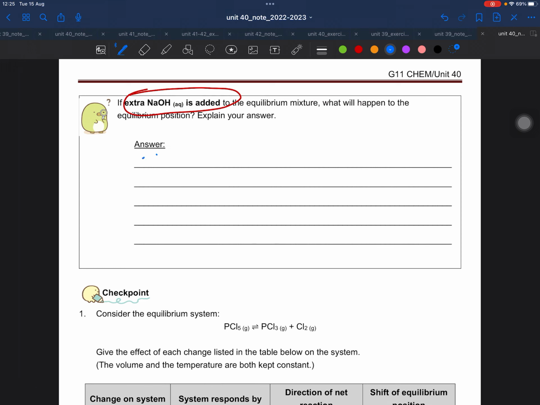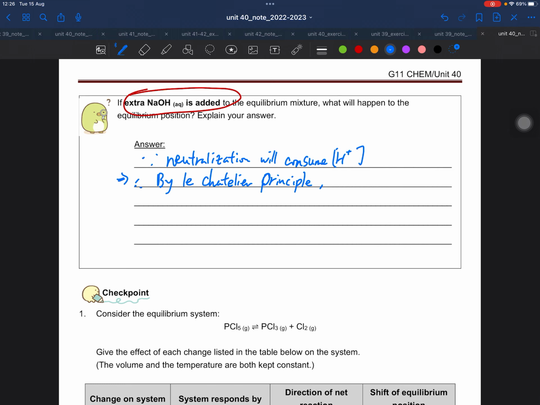Okay, so let's finish our job. Because neutralization will consume H plus, by Le Chatelier's principle, okay, don't worry, this is not necessary. Because you have consumed hydrogen ion, and I don't want any change, right?